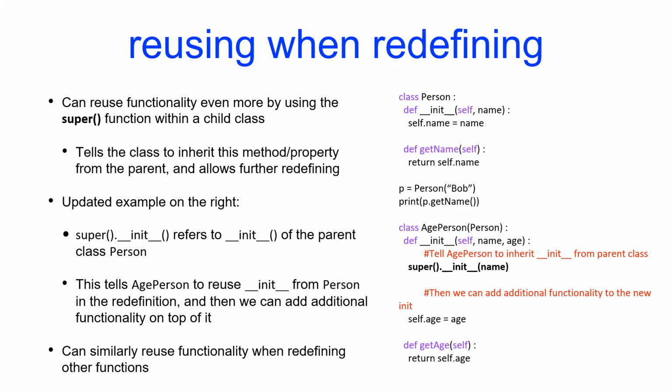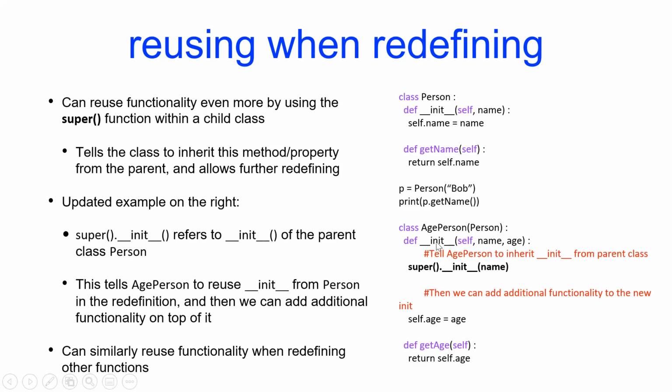Something else we can do: remember, to refer to our object we use self. For the parent, we use something we call super. So you can reuse functionality even more by using the super function within a child class. It tells the class to inherit this method from the parent and allows further refinement.